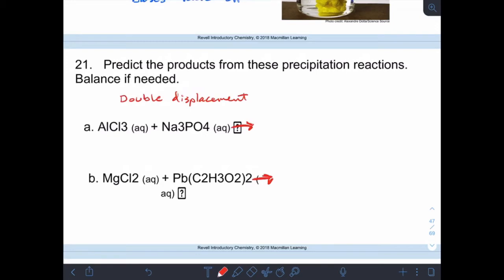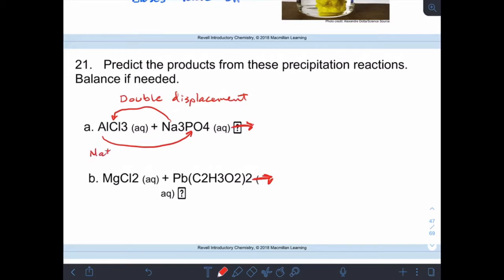Right? So I'm going to trade both of the metals. I'm going to take the sodium and put it with the chlorine, and the aluminum and put it with the phosphate.